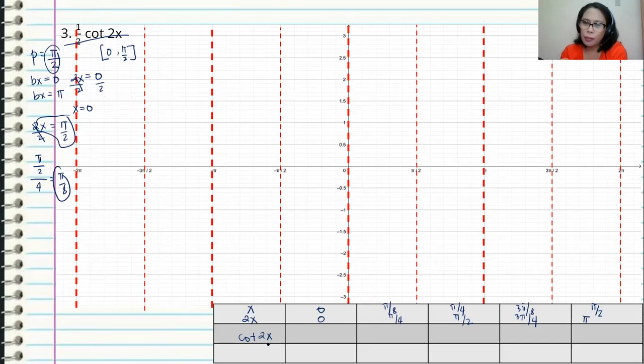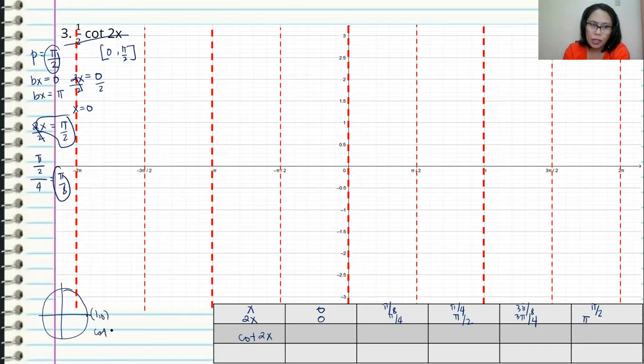So we can consider the unit circle as what we have made use of in our previous example, because this involves only evaluating 0, pi over 4, pi over 2, and everything here is positive, so it's easy for us to evaluate.